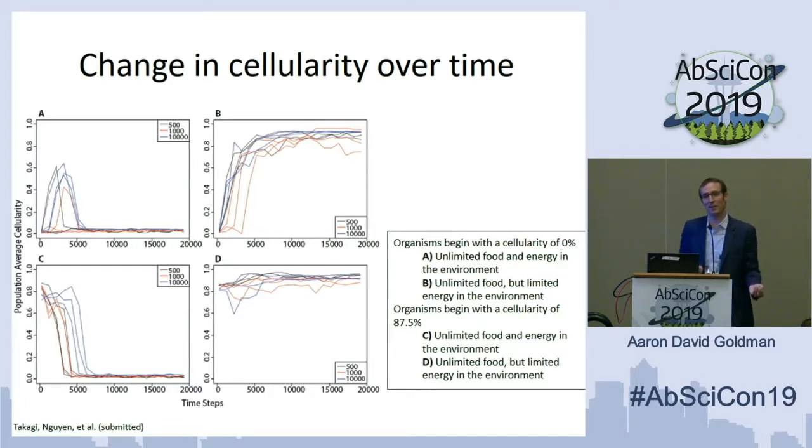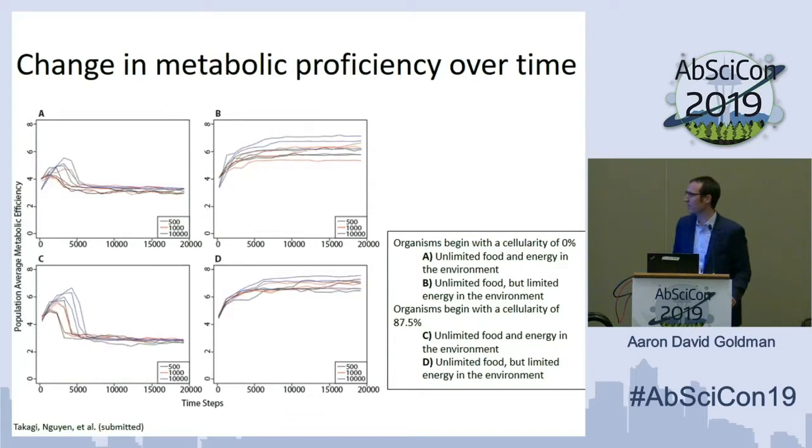Now, a metabolic proficiency of 0 means no metabolism is happening. A metabolic proficiency of 8, for reasons of how the metabolism works that I didn't discuss in this talk, means a perfect metabolism, and a randomized genome like the ones that they start with is equivalent to a little under 4.